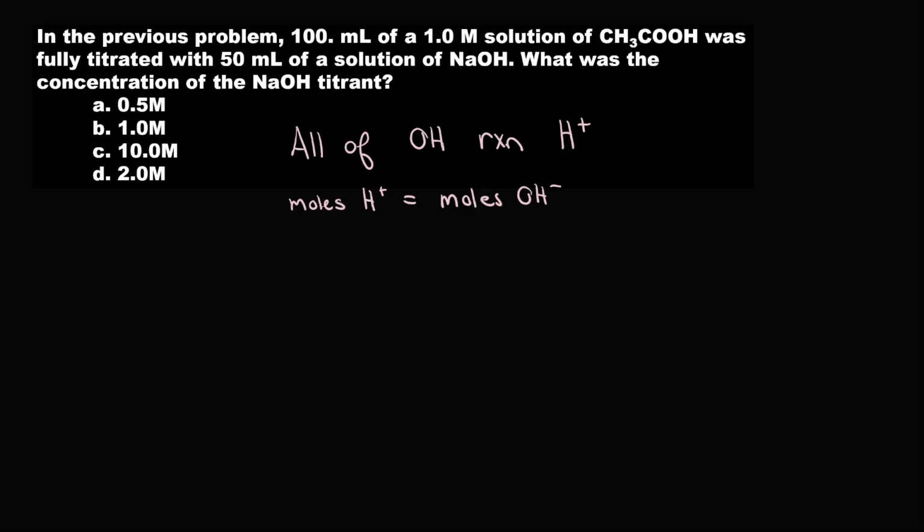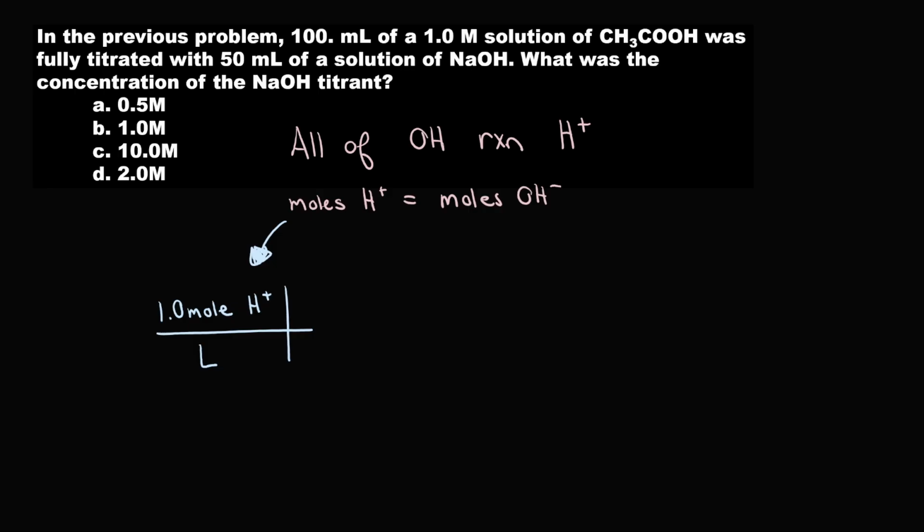In order to find the moles of H plus, we look at our weak acid, and we have a 1 molar solution of CH3COOH. So we really have 1 mole of H plus, because there's only 1 proton for it to donate for every 1 liter of solution. Using a conversion table, we need to cancel out liters, and we're given that there's 100 milliliters of our solution.